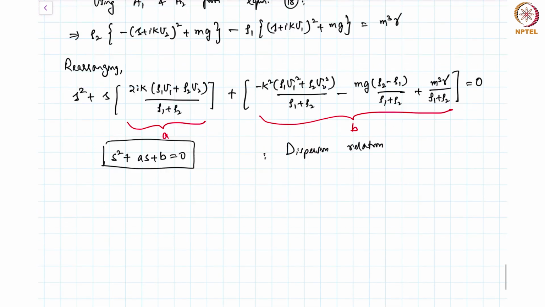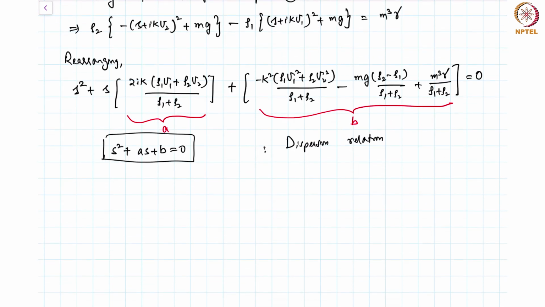Now it's a simple quadratic equation. Therefore, the general solution would be S is minus A plus or minus square root of (A square minus 4B), by 2. That's my general solution.